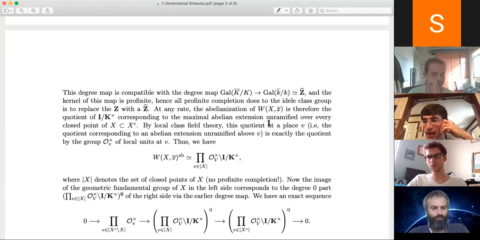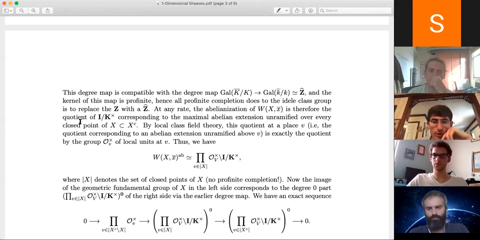That's what it is to be étale. To be étale means you're everywhere unramified. So the Weil group is just the quotient of the idele class group corresponding to the maximal abelian extension unramified over every closed point of X inside X_C.